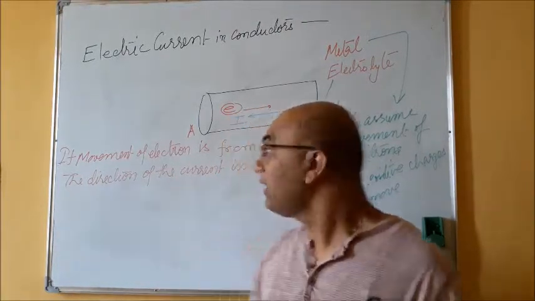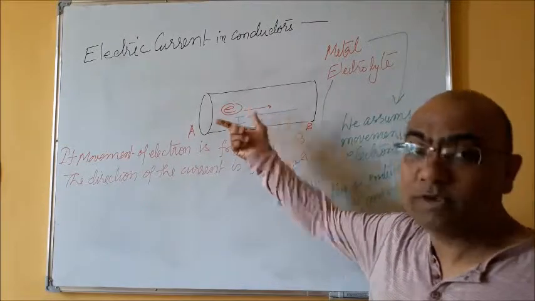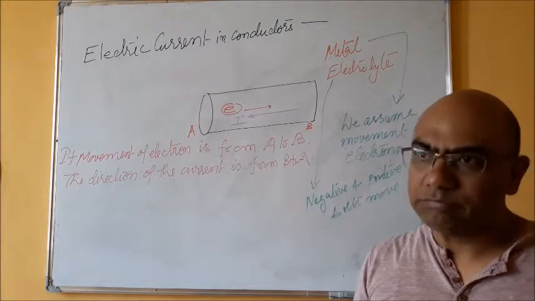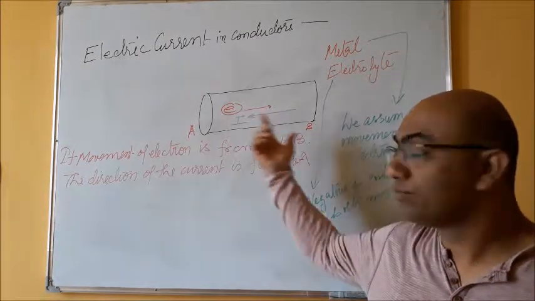So in any conductor, normally we say that electrons are moving, since we know that in conductors electrons easily move from one place to another.